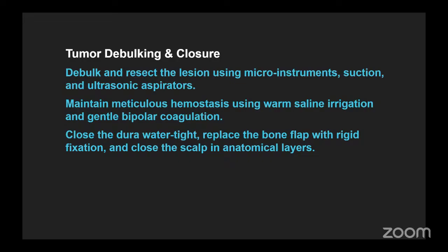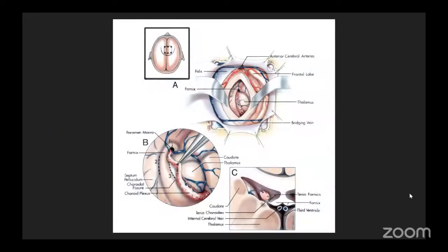Once we have done this, we retract all the instruments that we have used, and we close the dura watertight because obviously we have opened the ventricles. We don't want a CSF leak postoperatively. Then we replace the bone flap and close the scalp in anatomical layers.